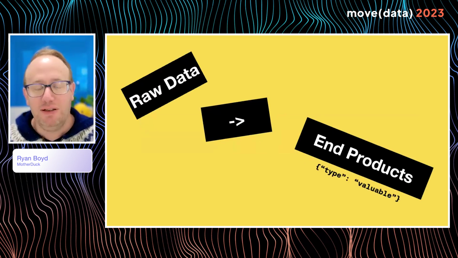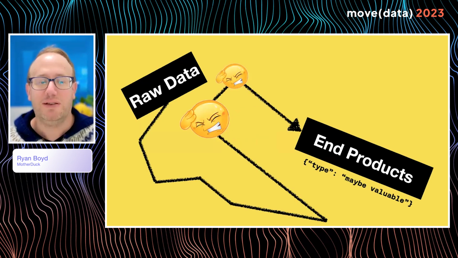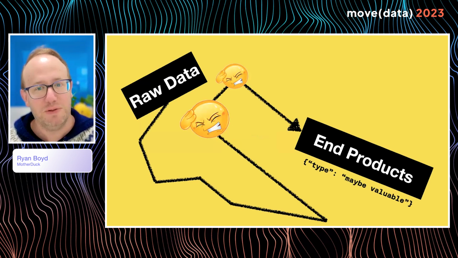But in reality, the data engineering lifecycle might look like this, a semi-structured journey rather than a structured journey. And in the worst case, it might look like this, where you take 10 steps forward, but then take 10 steps backwards as you try to go from your raw data to your end data products.